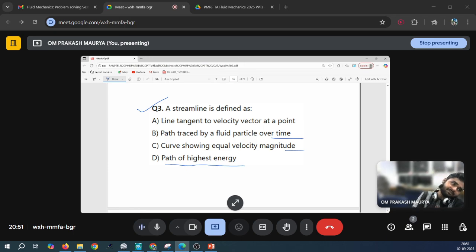So as we have discussed earlier also, the streamline is the line tangent to velocity vector at a point. Means once you have a curve and when we draw the tangent here, you will get the velocity vector.